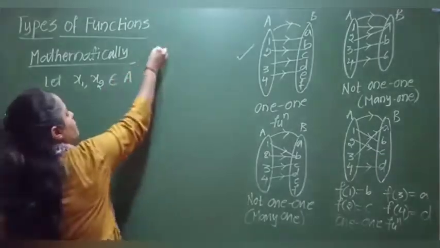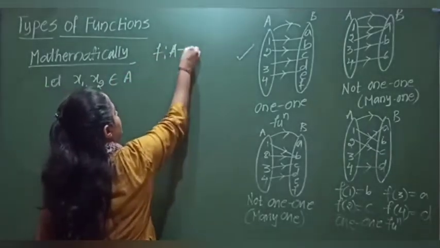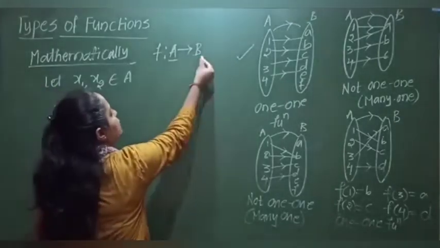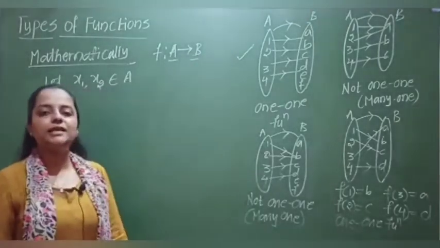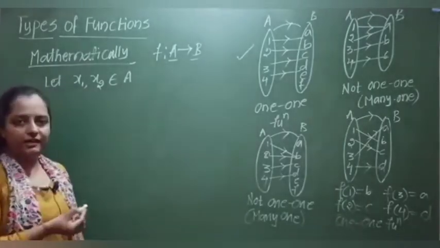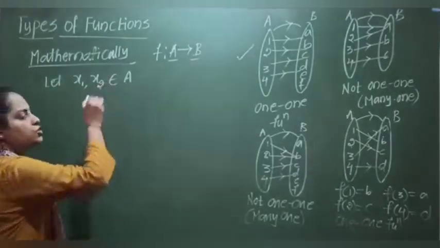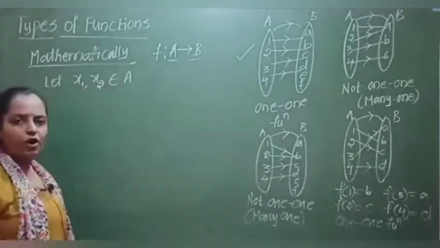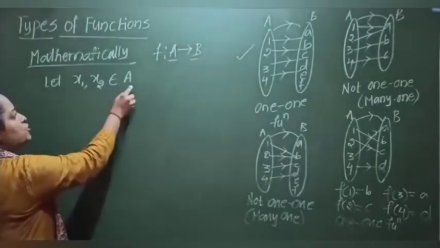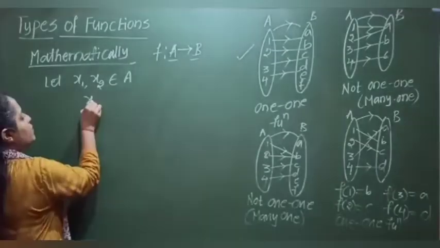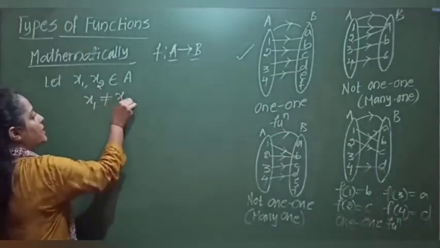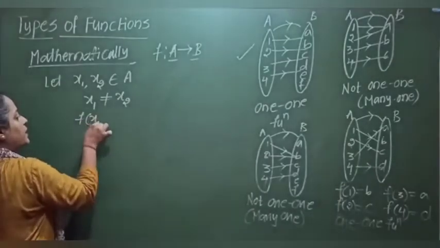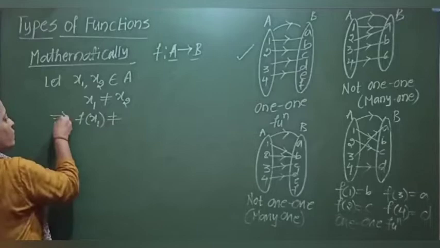If f is a function from set A to set B, it is said to be 1-1 if all the elements of the set A have different images in the set B. So mathematically we can write: let x1, x2 belong to the set A. If x1 is not equal to x2, then f of x1 is also not equal to f of x2.